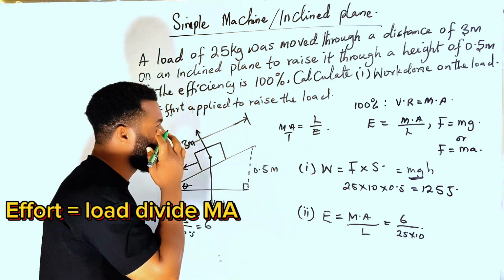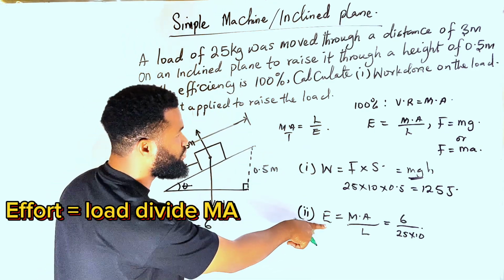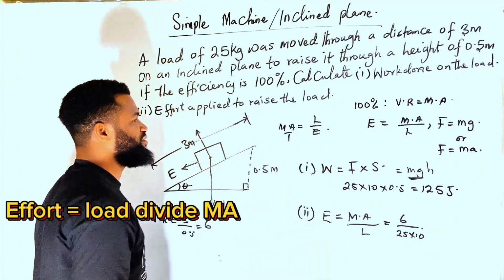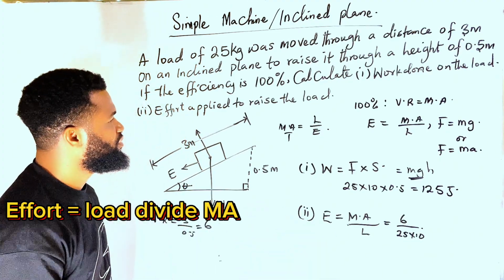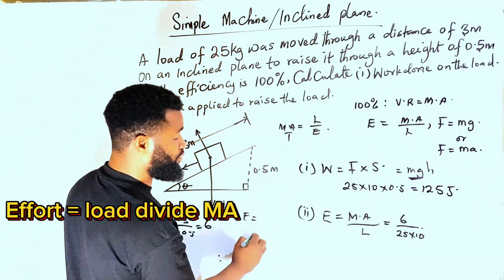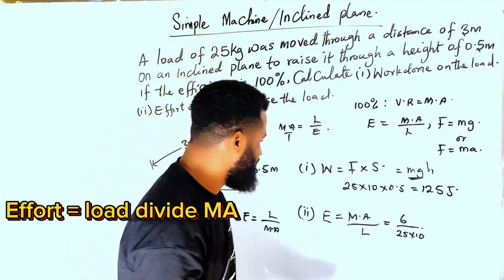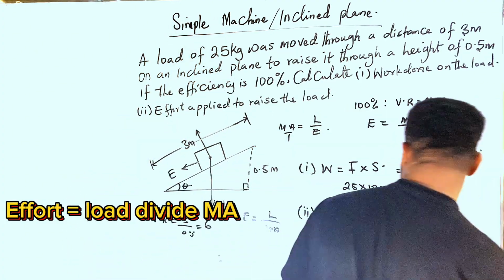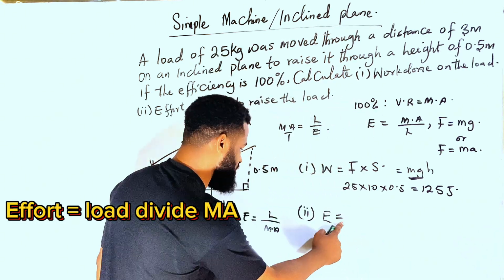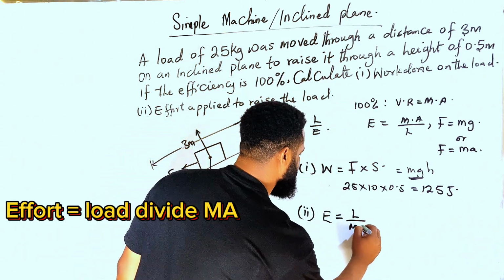So effort is supposed to be load over mechanical advantage. Yes, that was where the mistake was coming from. So I'm going to change this. Effort is going to be load all over mechanical advantage.